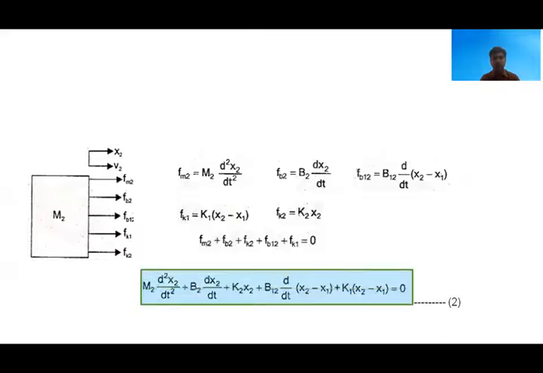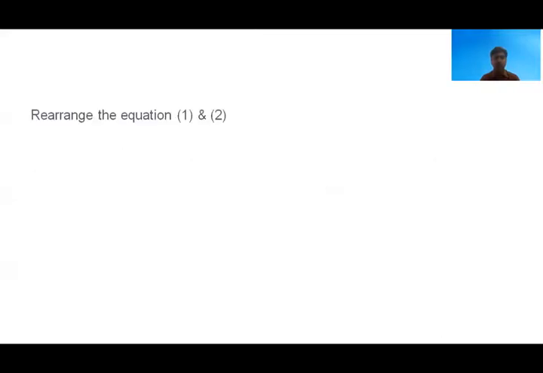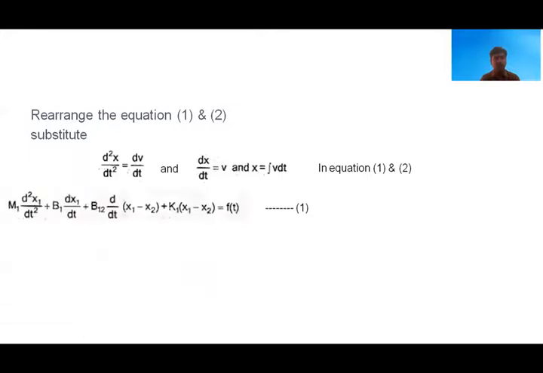And say this is equation number 2. By rearranging equations 1 and 2 to compare with the electrical model equations, substitute d square x by dt square is equal to dv by dt, and dx by dt is equal to velocity v, and x is equal to integral v dt.